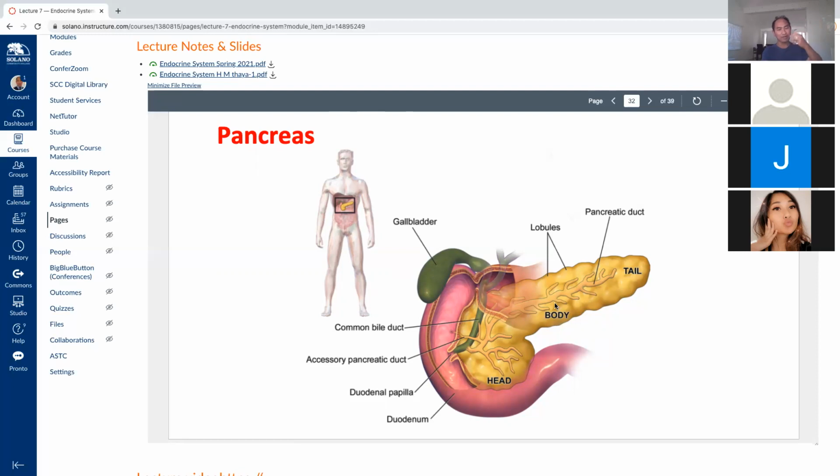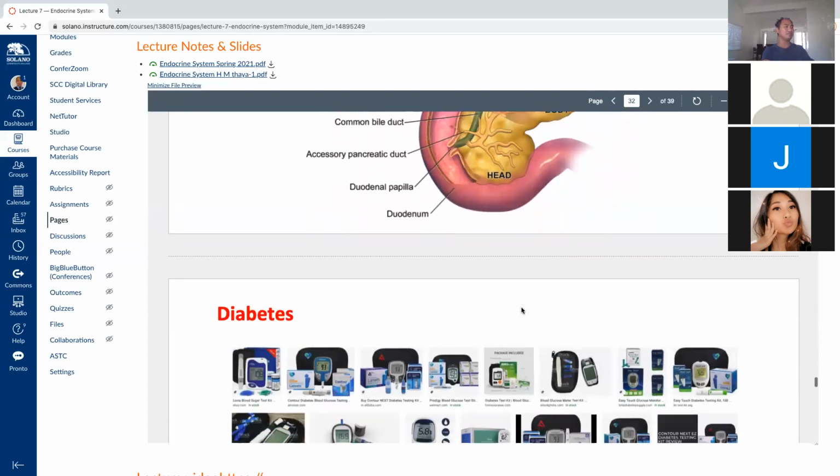These are the endocrine portion of the pancreas. Insulin will go directly into the blood vessel. Glucagon will go directly into the blood vessel. That is the endocrine portion of the pancreas. And those pancreatic cells which secrete bicarbonate go along the pancreatic duct, and that is the exocrine function of the pancreas.